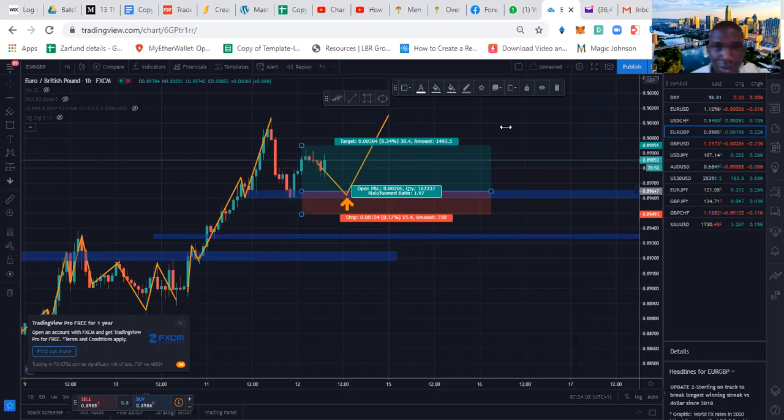All right, so we have Euro GBP. This one is buy limit too. Most of our trades are going to be pending orders because we are anticipating price to get to where we will enter. We're not just going to be jumping in, except we see a trade that is activating right now, then we enter.